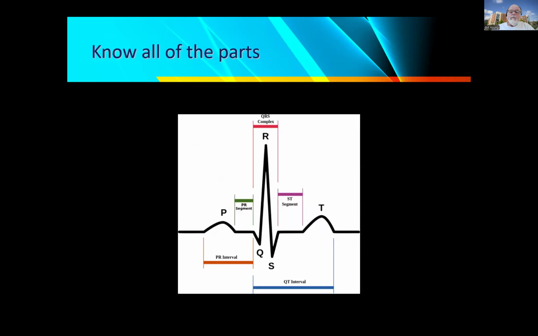So as we go through this, let's review the different parts. You need a systematic approach so that you don't miss anything important. Sometimes, especially early in your career, some things are commonly missed, so we have to understand everything the waveforms represent.